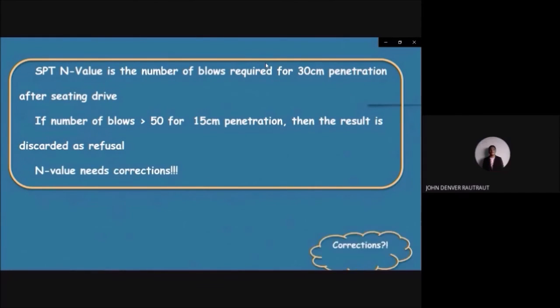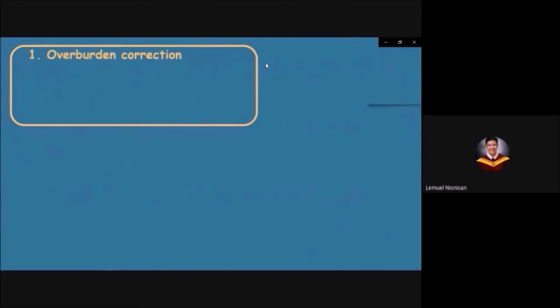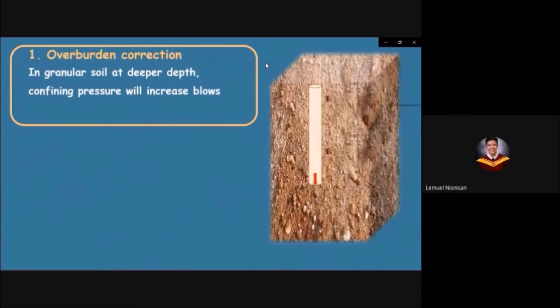N value needs corrections. So what are corrections? The first type of correction is the overburden correction. In granular soil at deeper depth, confining pressure will increase blows.